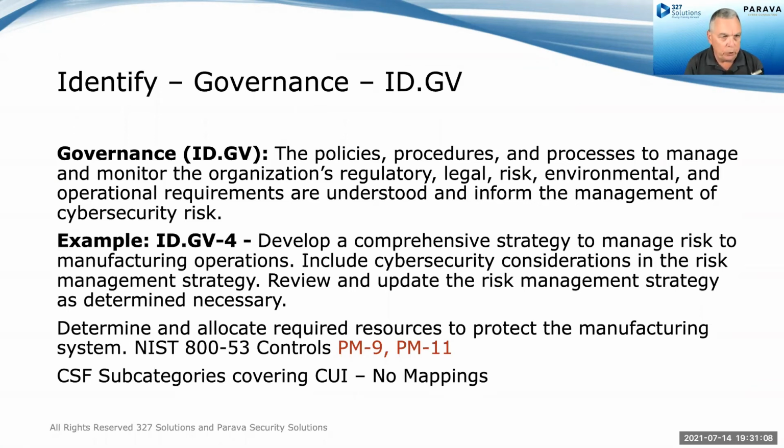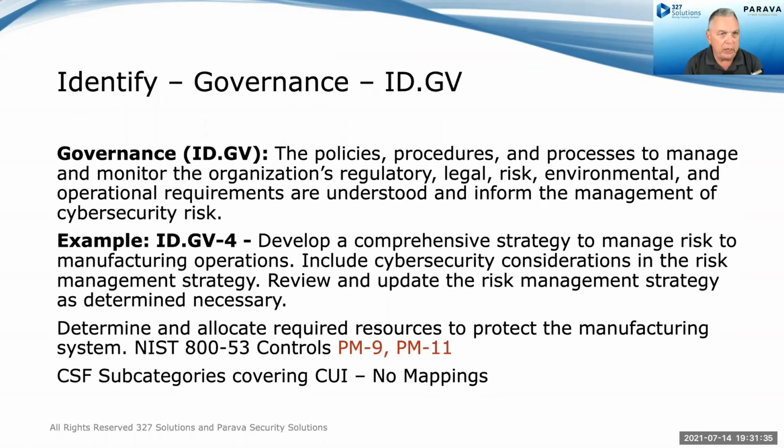The example that we've chosen is ID.GV-4. We're going to develop a comprehensive strategy to manage risk in manufacturing operations. That's going to include the cybersecurity considerations in the risk management strategy, which we will review and update as necessary. The NIST controls that we're going to use involve program management.